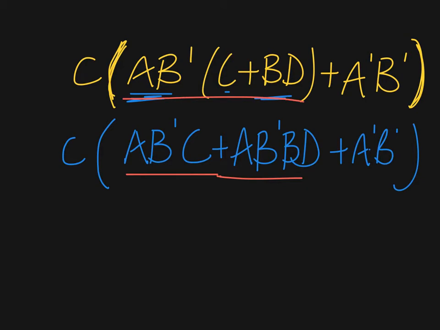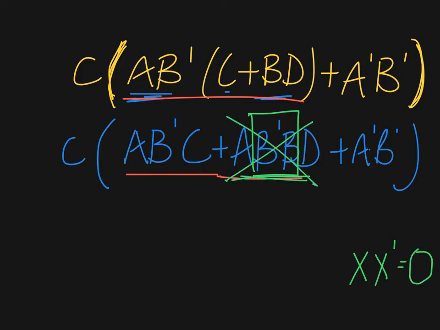We now have an outer bracket, but before we do the outer bracket, it's worth spotting a pattern straight away. The very first pattern is if a gate is multiplied by its not, the rule is that it actually cancels to 0, which means that this term here can be cancelled out.